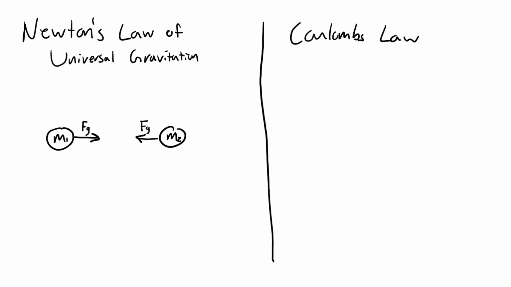And that gravitational force is directly proportional to the mass of the objects, but also the distance between the two objects. And actually, more specifically, it's the distance between the centers of the two objects.